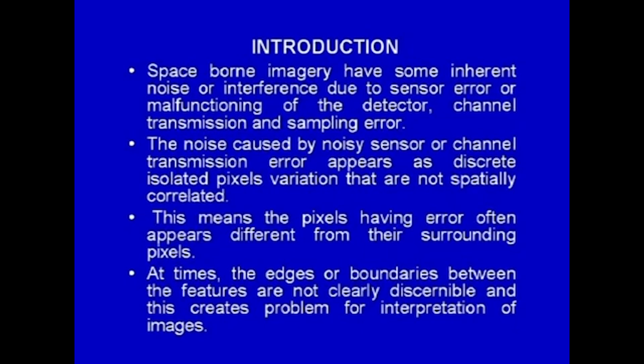This means, the pixels having error often appear different from their surrounding pixels. At times, the edges or boundaries between the features are not clearly discernible, and this creates problem for interpretation of images.